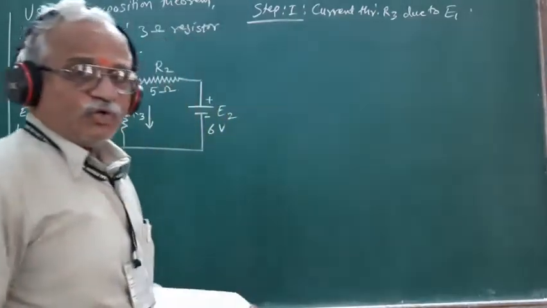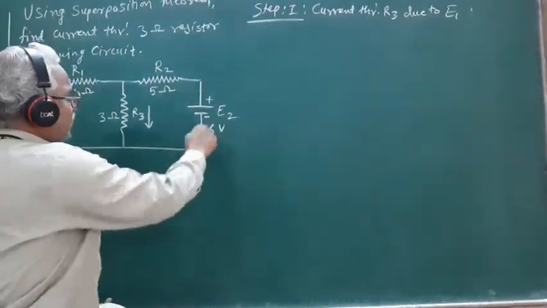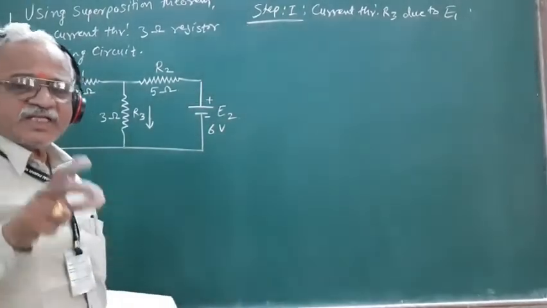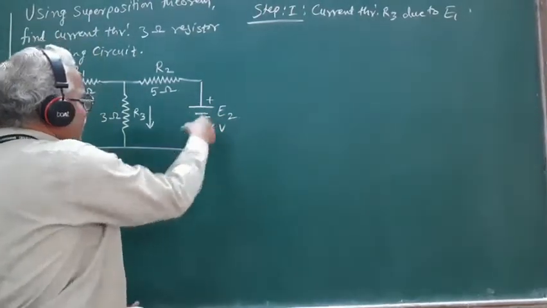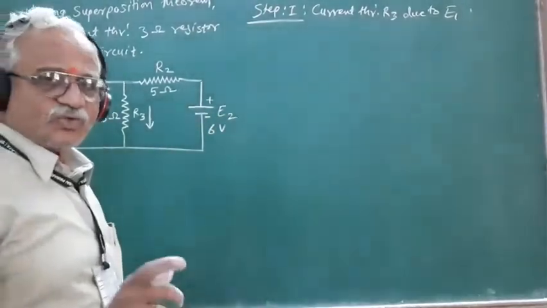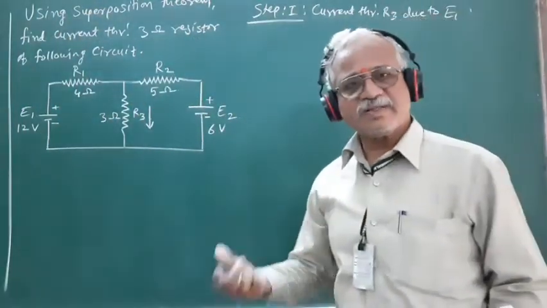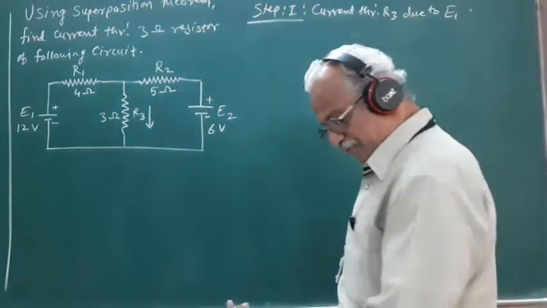So when we want to obtain the effect of E1, we have to kill the second source E2 for its EMF, retaining its internal resistance in the circuit. In the given network, the source E2 does not have any internal resistance, so we can consider as if the internal resistance of the source E2 is 0.